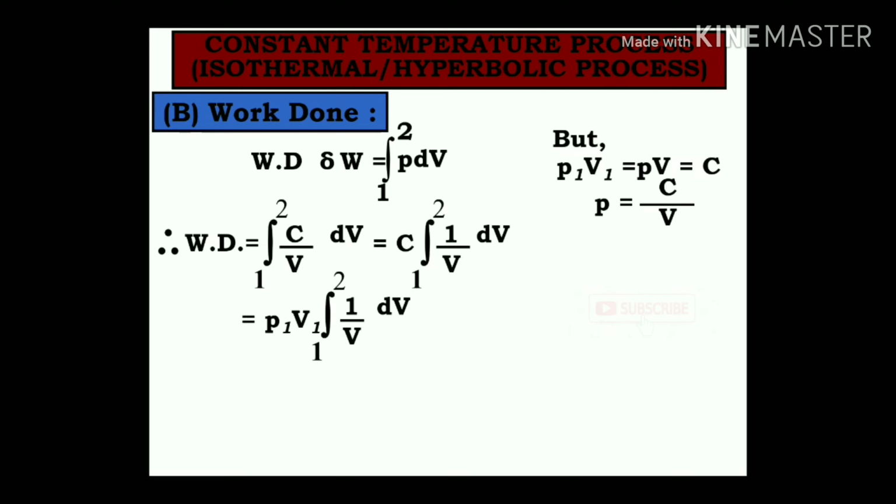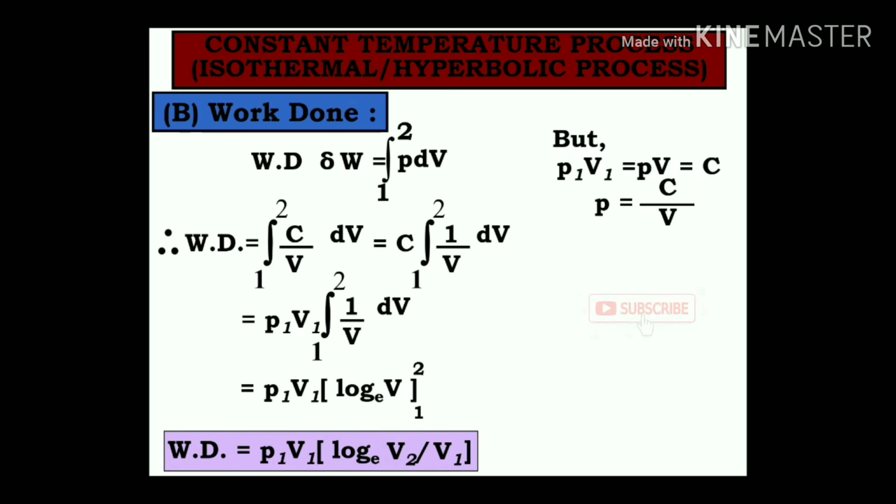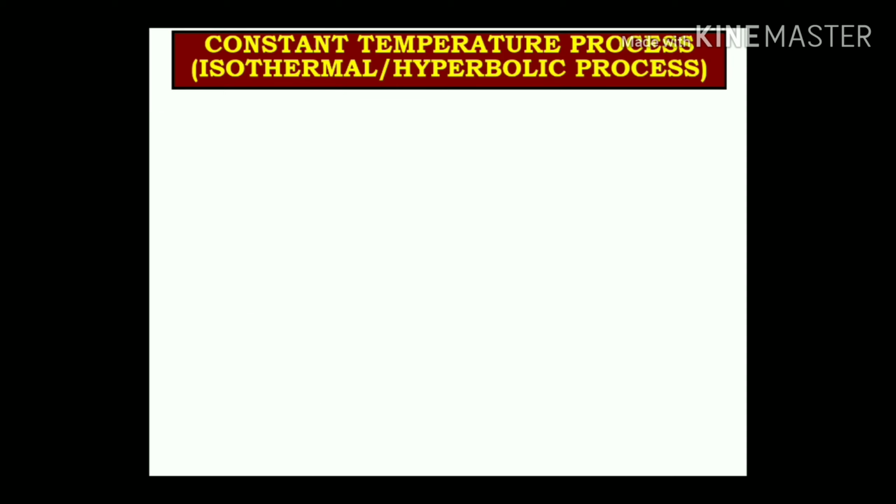So P1 V1 times the integral of 1 by V dV, which finally gives P1 V1 log e V from 1 to 2. So finally the work done is P1 V1 log e V2 by V1 for the constant temperature process. And V2 by V1 equals P1 by P2.